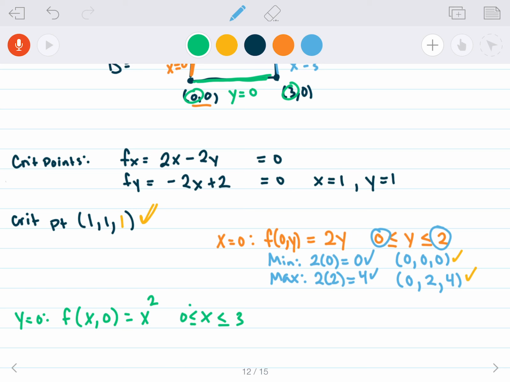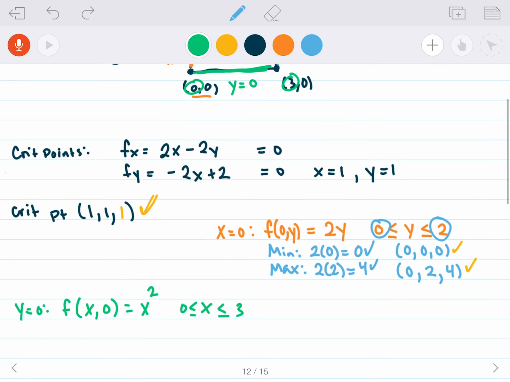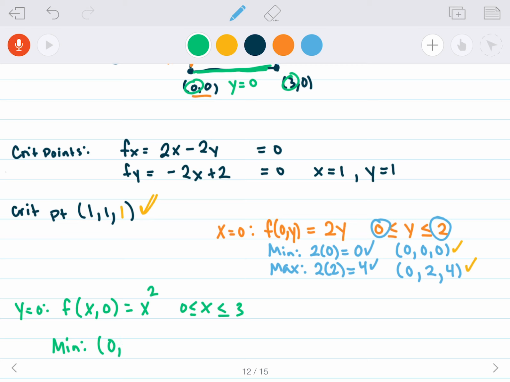And we can see on this interval, you can even graph this on Desmos if you want, that the minimum value happens at 0 and the maximum value happens at 3. So the minimum value happens when x is 0, y is 0, z is 0.